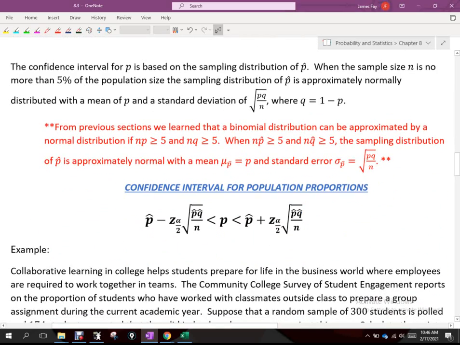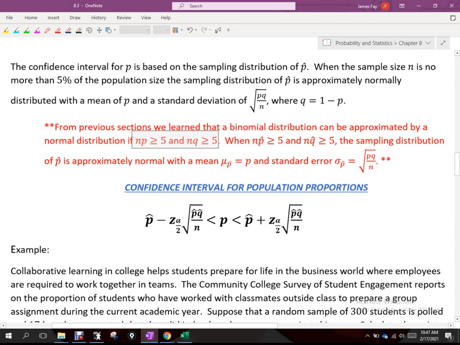So the confidence interval for P is based on the sampling distribution of P hat. When the sample size N is no more than 5% of the population size, the sampling distribution of P hat is approximately normal. That's something we learned back when we were talking about binomial distributions. From previous sections, we learned that a binomial distribution can be approximated by a normal distribution if N times P is greater than or equal to 5 and N times Q is greater than or equal to 5.